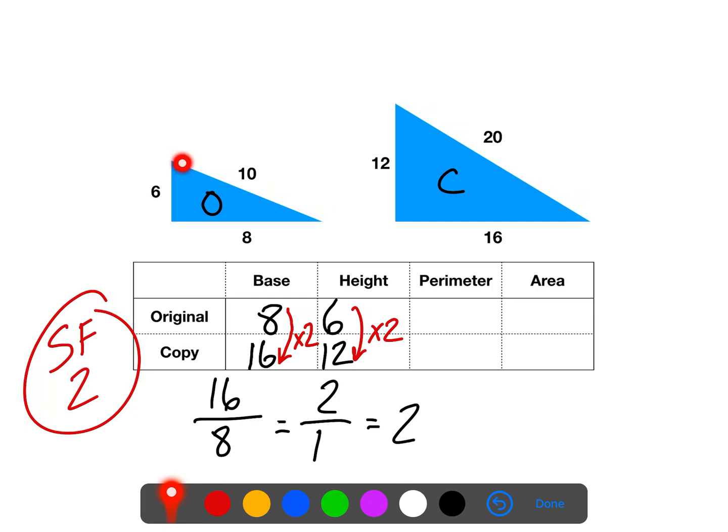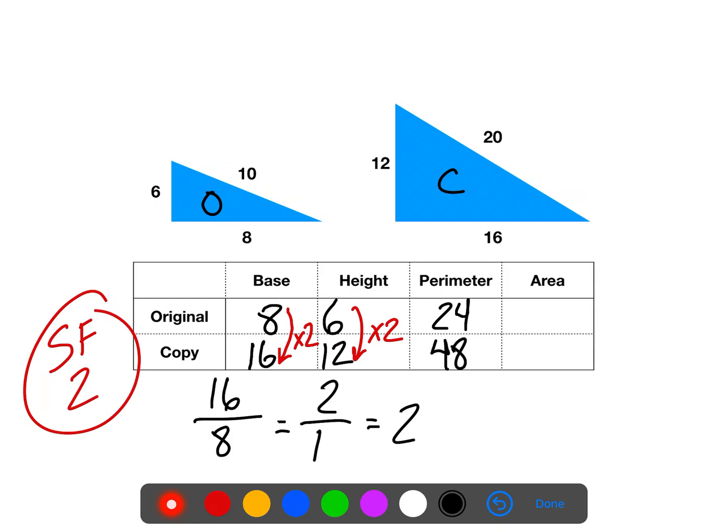We're going to take each of these side lengths and combine them into one line, and take that length for our perimeter. So I'm going to add 6 to 8 to 10 and get a perimeter for that original of 24. I'm going to do the same with the copy and add 12 to 16 and to 20 and get a perimeter of 48.